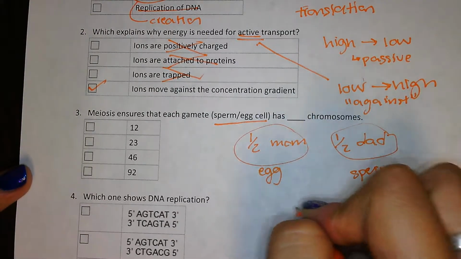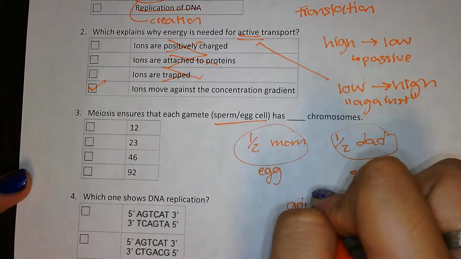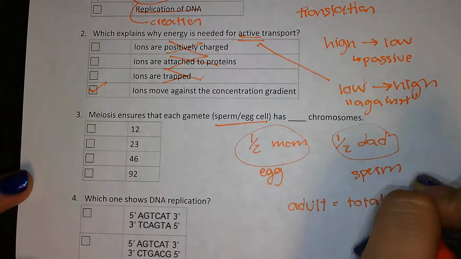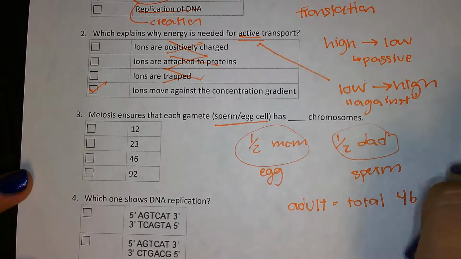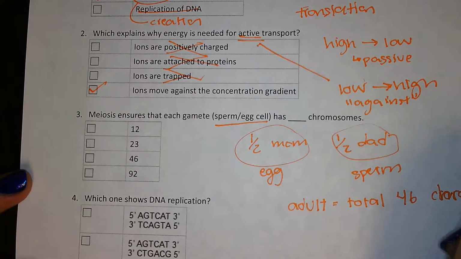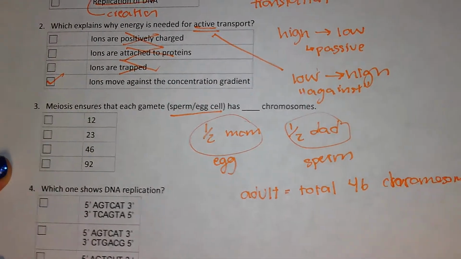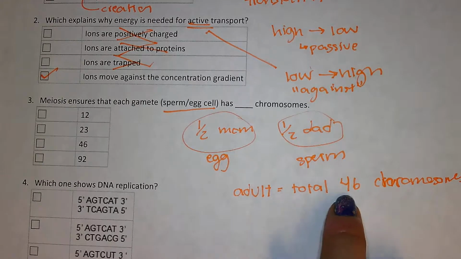A human, a grown adult, will have a total of 46 chromosomes. Ooh, misspelled chromosomes. Can't even see it. Okay? So an adult has 46 chromosomes.